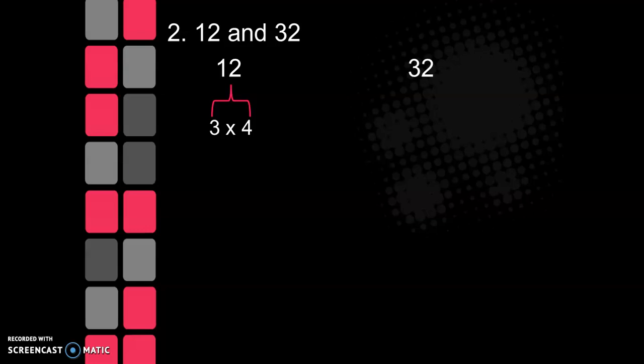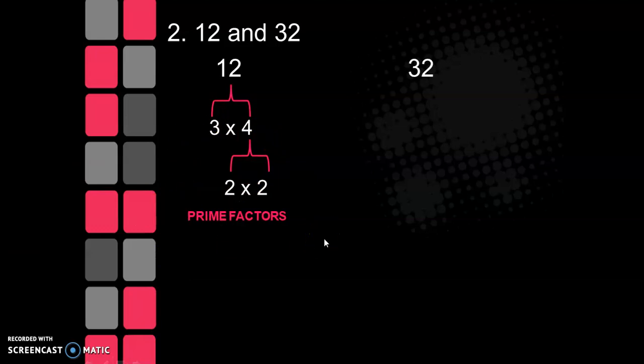We need to factor 4. The factor of 4 is 2 times 2, which are both prime already. Therefore, we are done getting the prime factorization of 12.